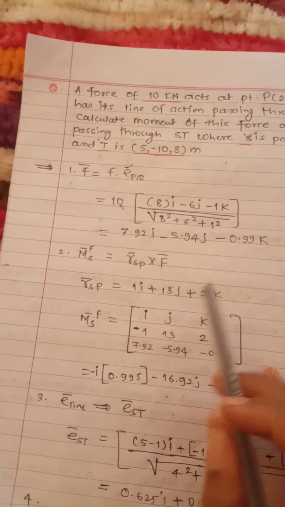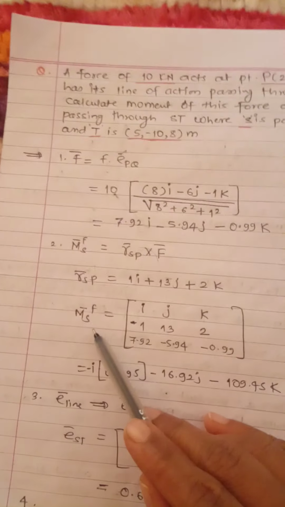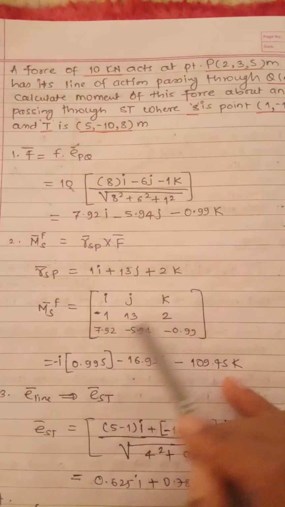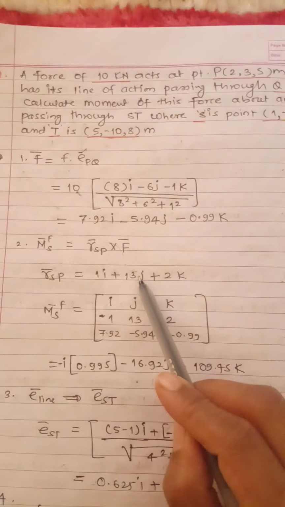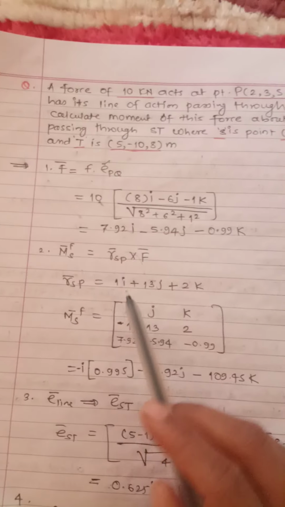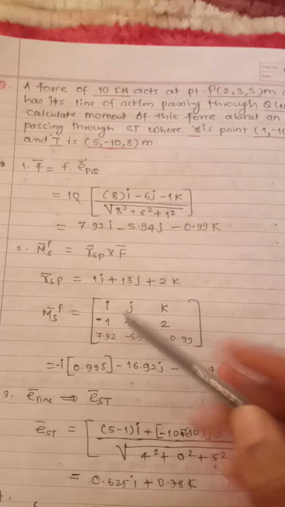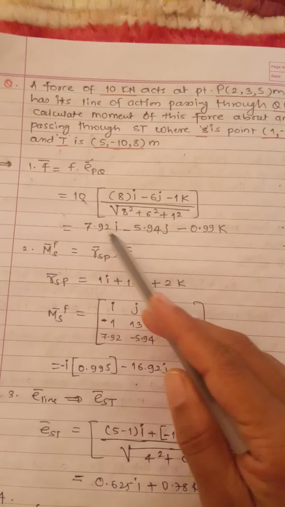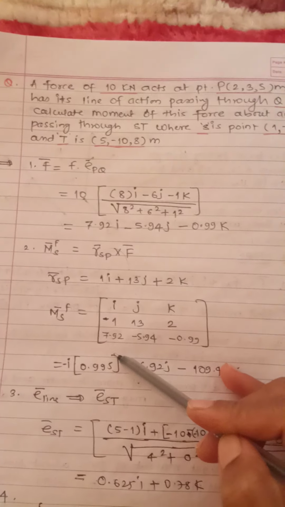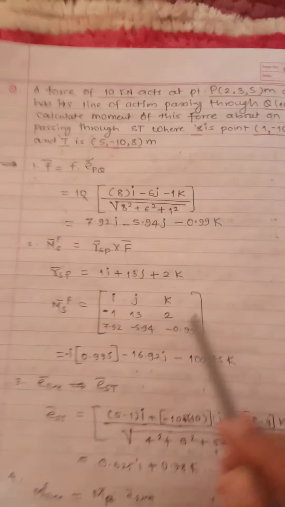Once you know the radius vector and the value of forces, this is the formula for our moment. The first row will be i, j, k, and the second should be the coefficients of the radius vector: the coefficient of i below i, the coefficient of j below j, and the coefficient of k below k. Likewise, we have the force vector in the third row.